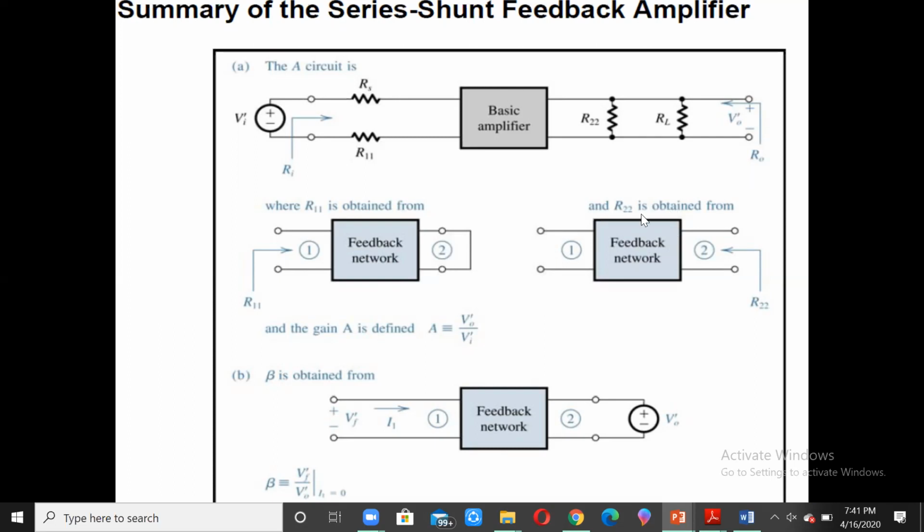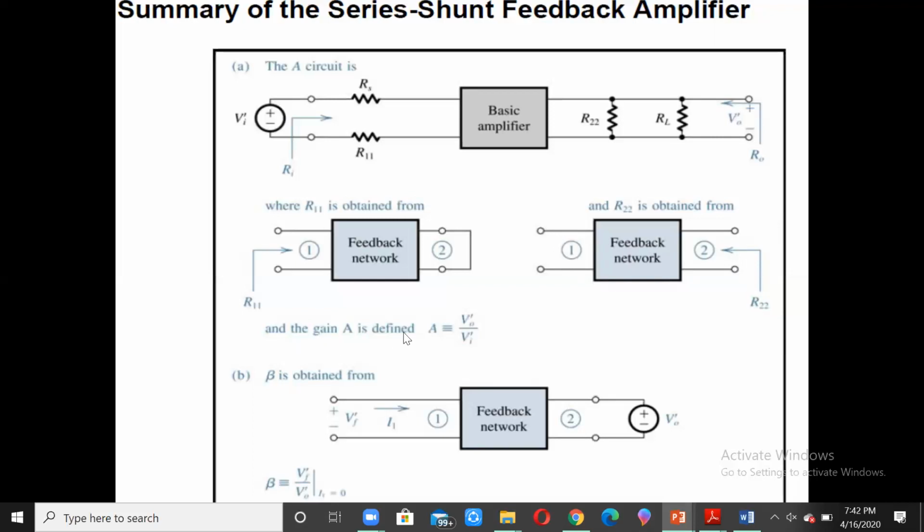Similarly, R22 is the resistance measured from this side, which will be the output voltage divided by the current through it, V2 divided by I2, when you consider this feedback network. At the time, the value of V1 is equal to 0.